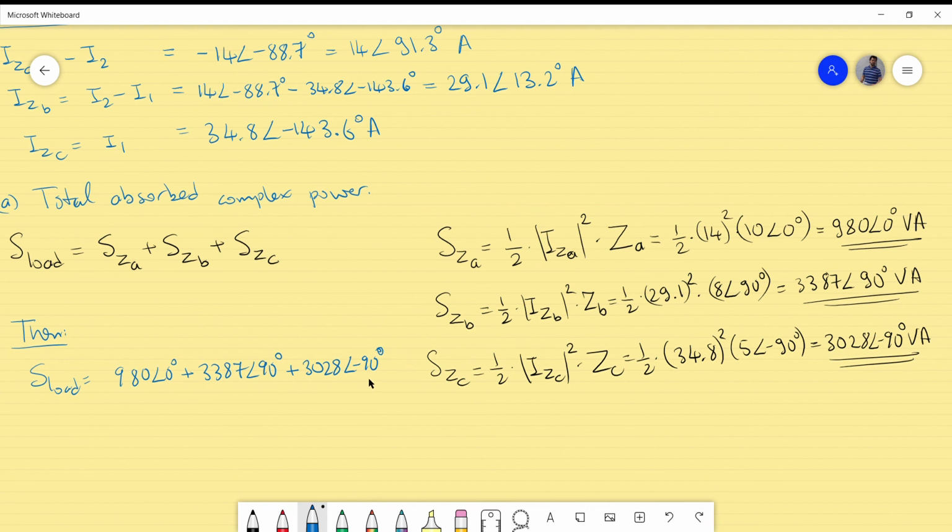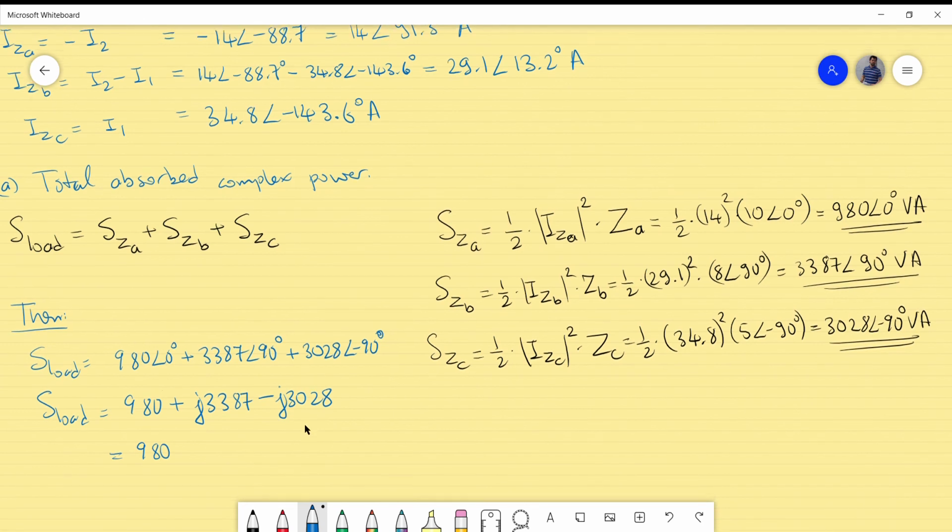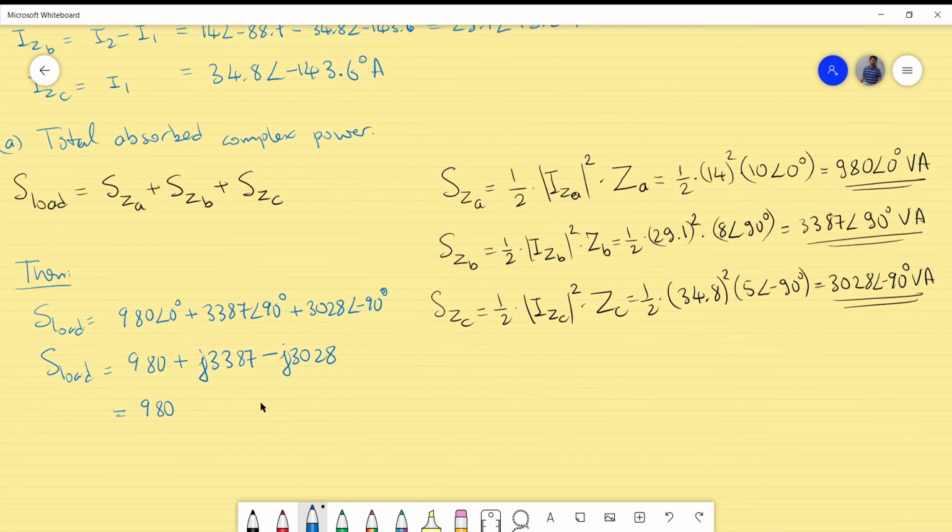So S load will be 980 plus j3,387 minus j3,028. Because we have two imaginary parts, you can simplify this and make it one imaginary part: 980 plus j360.